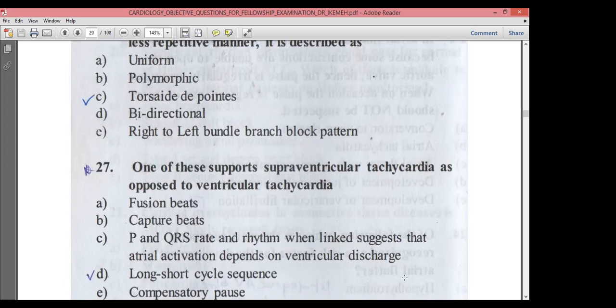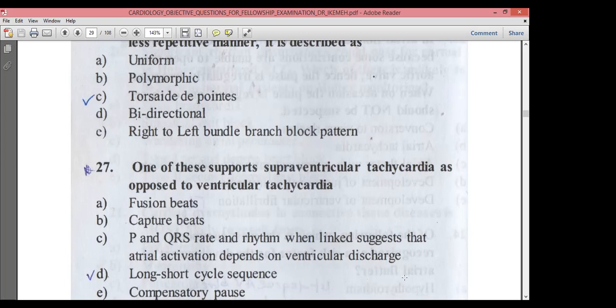Things like fusion beats, capture beats, compensatory pulse, then activation of the ventricle with retrograde activation of the atrium, and then negative QRS complex in the precordial leads or even in leads 1 to 3. Those are things that suggest ventricular tachycardia.